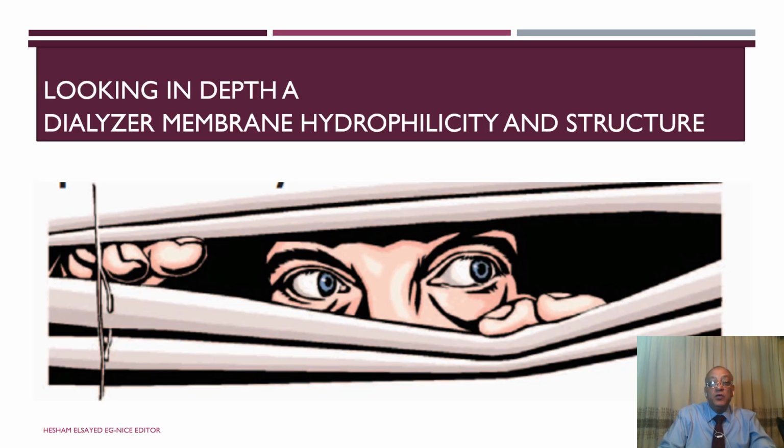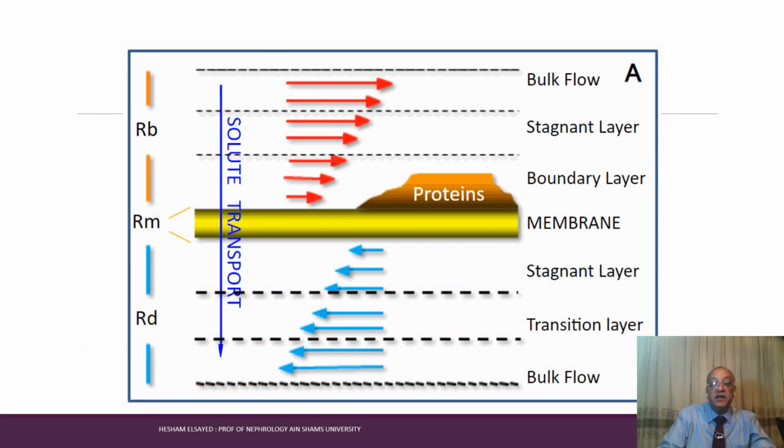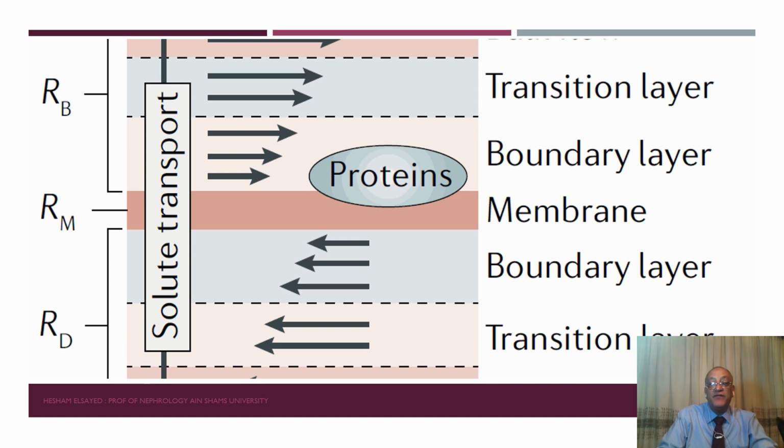Looking again in depth at the membrane hydrophilicity, the inner layer of the membrane facing the blood should be more hydrophilic, so as to prevent protein adsorption. And if you have protein adsorption on the membrane, called protein fouling, you will decrease the efficiency of blood matching the dialysate and decrease the efficient dialysis circulation.